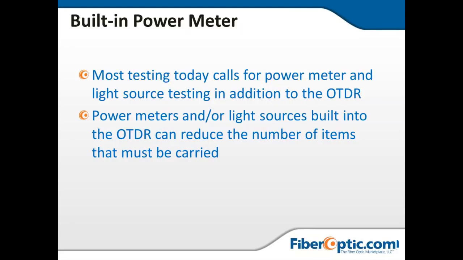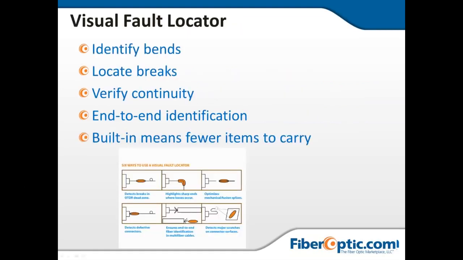An OTDR source is pulsing to get measurements back and forth. It pulses at a certain frequency to allow it to get more clarity over the fiber. Now, when it goes into laser light source mode to work with the power meter, it's going into a steady hold pattern.